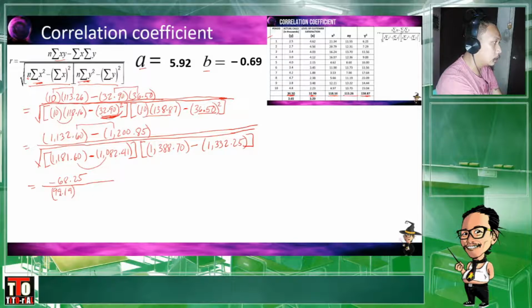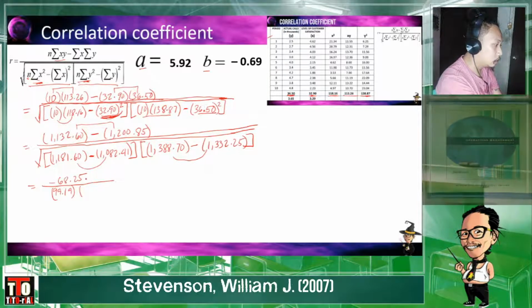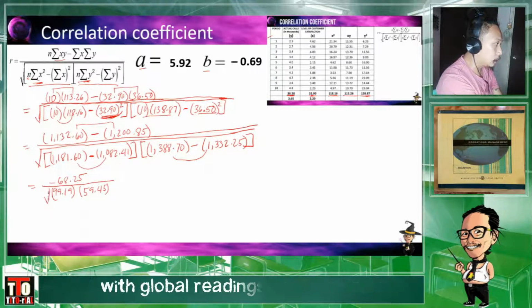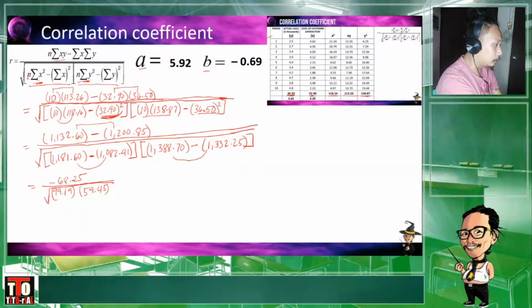There. Then, this one. 1,388.70 minus 1,332.25 is, this is a bit harder, 59.45. Okay? Of course, we still have the square root. So, sorry, guys. There.